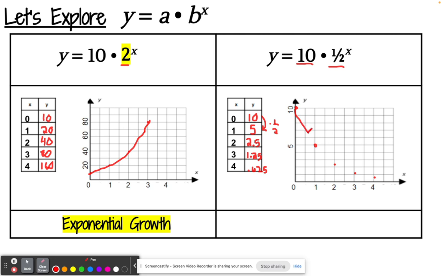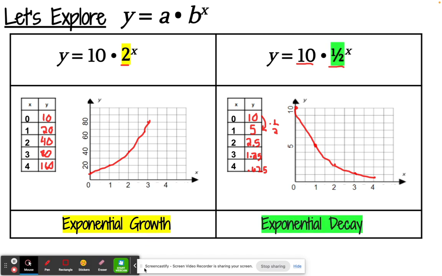And you can see this one is going down. It's going to be approaching that x-axis, but it's never going to touch it. Just keep getting closer and closer and closer. That will be exponential decay because it's getting smaller.